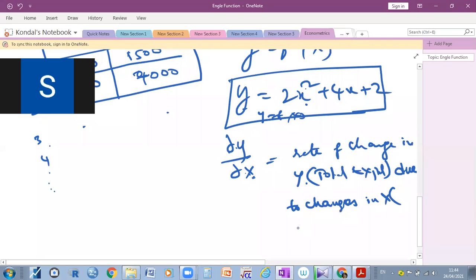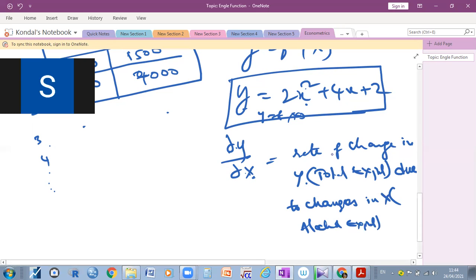The x is alcohol expenditure. For example, what are the changes in y due to changes in alcohol expenditure? We are assuming only two variables, so we are keeping other variables constant. Please keep that in mind. So we can say that is the change in y due to change in x.